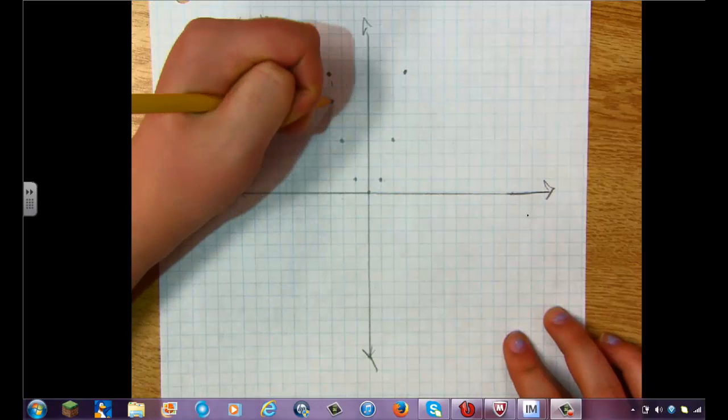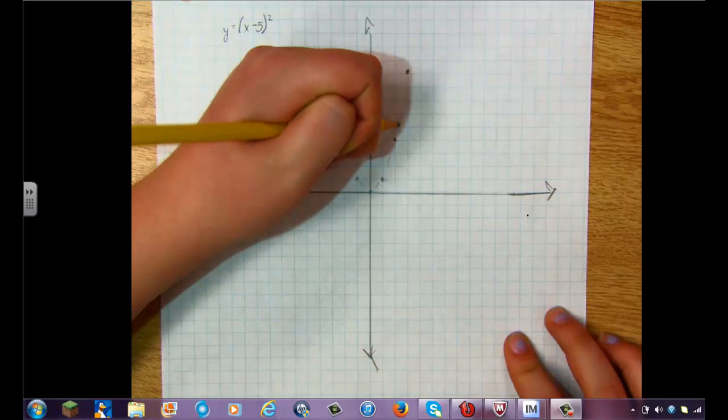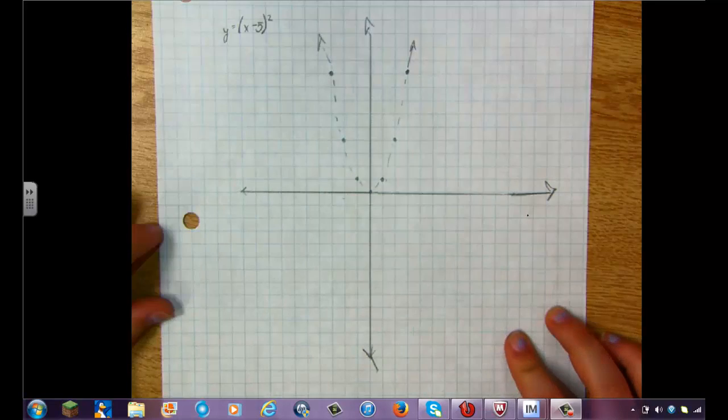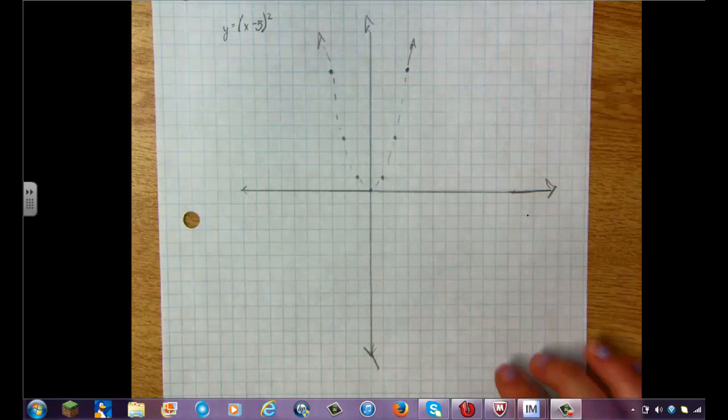And then connect them with the dotted line. And then just move each point to the right 5.